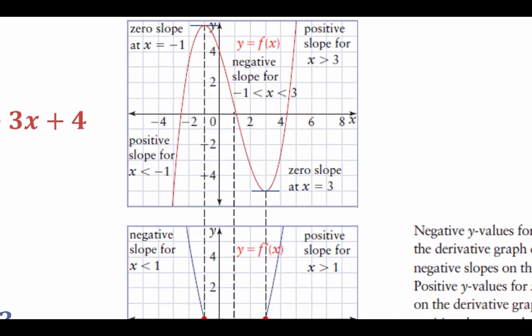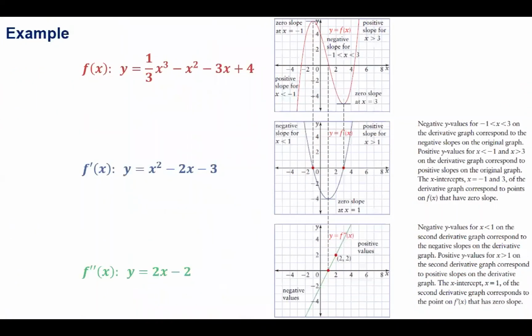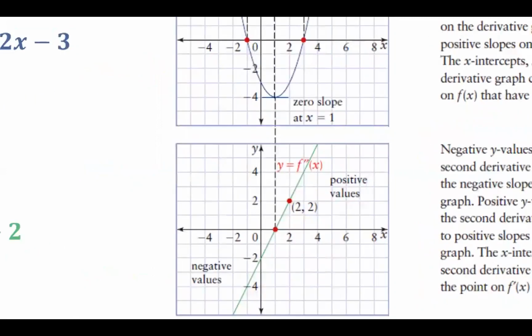You understand? And then if we find its second derivative, which is y equals 2x minus 2, actually, the second derivative describes the instantaneous rate of change of the first derivative, y equals x squared minus 2x minus 3.